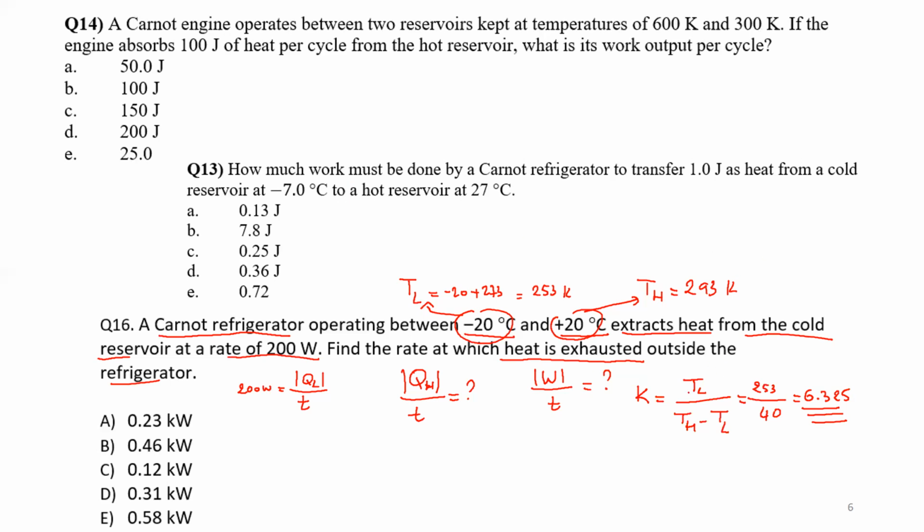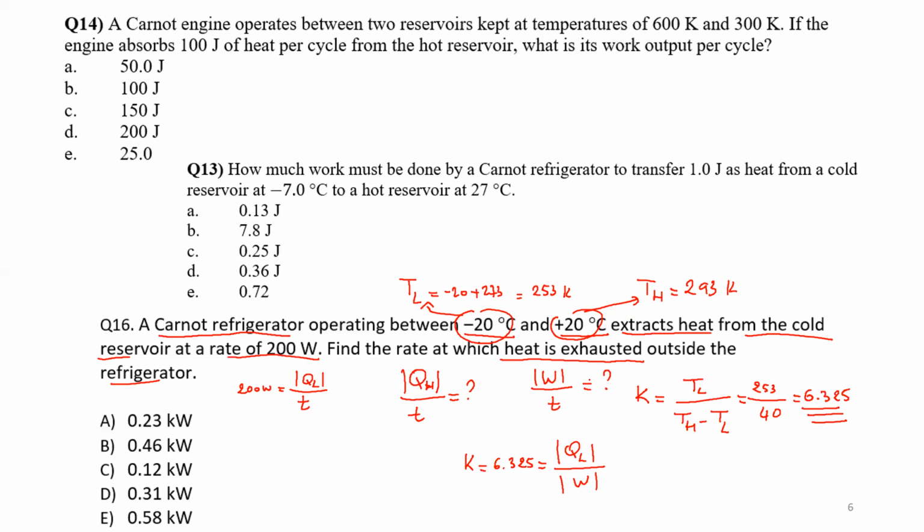So this coefficient of performance, K, which is 6.325, is equal to what? What is the coefficient of performance for a Carnot refrigerator? What I use, which is QL, divided by what I pay for, which is the work.